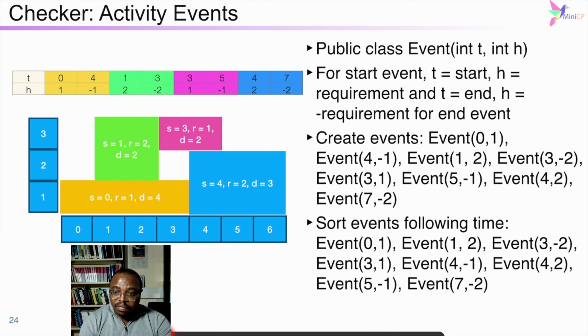The height of the start event is the requirement of the activity, and the height of the end event is minus the requirement of the activity. Events are therefore sorted in increasing order of time.